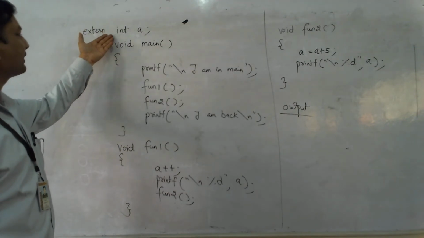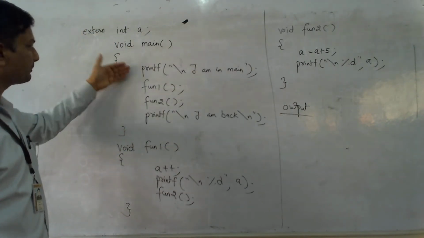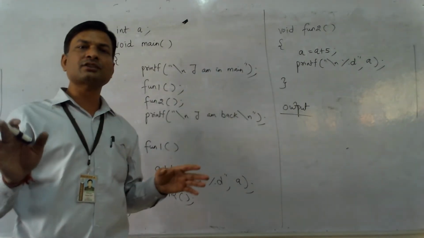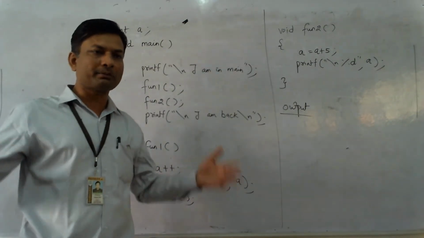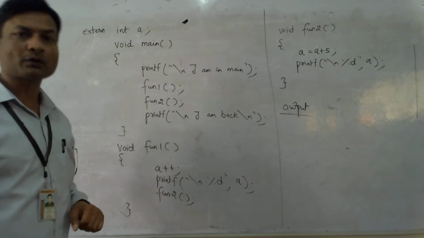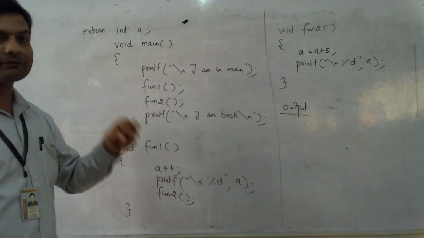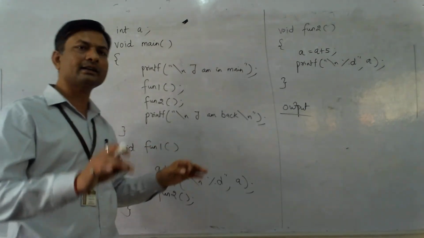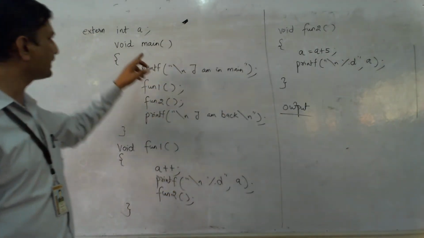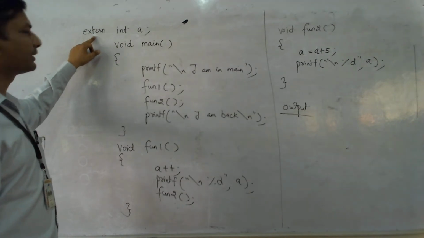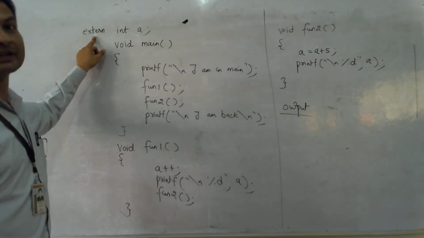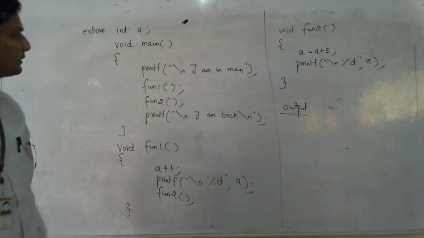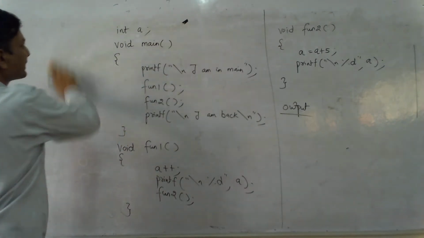If we declare this variable inside any block, either in main function or this block or this block, and do not mention the name of storage class, then obviously this variable will belong to automatic storage class. But if the variable is not declared inside any block, it is declared outside all the blocks, then in that case its default storage class will be external. There is no need to write extern over here. Okay, so let me remove this extern.